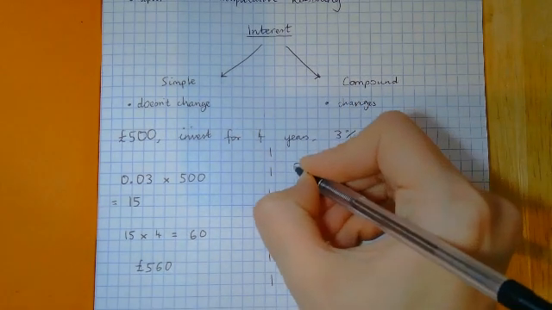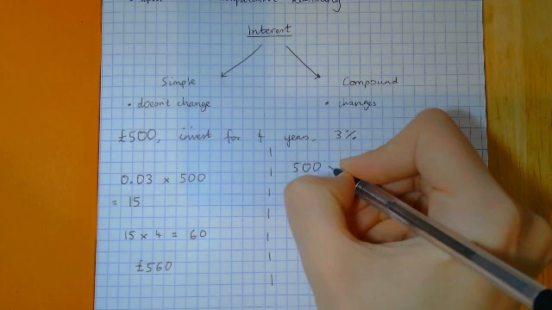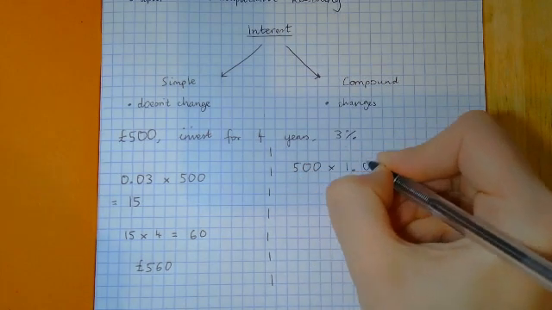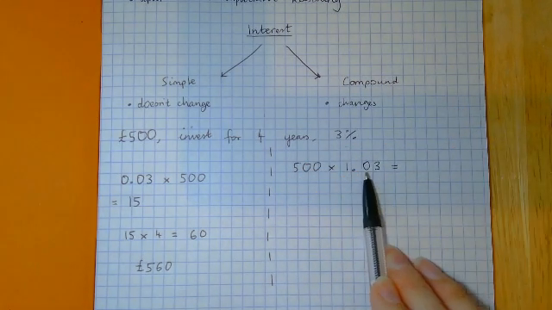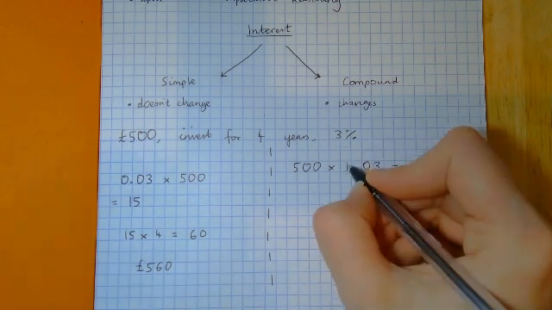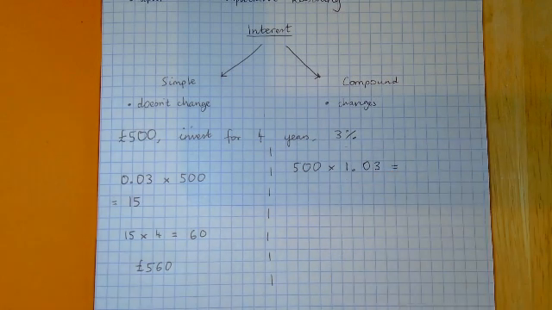Yeah? So if we did it the long-handed way, we would say, well, I've got 500 and I need to increase it by 3%. Remember, for a percentage increase, I have my 0.03 and I add it to 1. That's how I do a percentage increase. We've talked about that way back when.